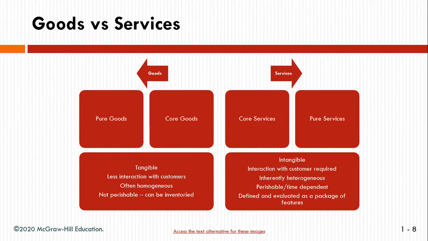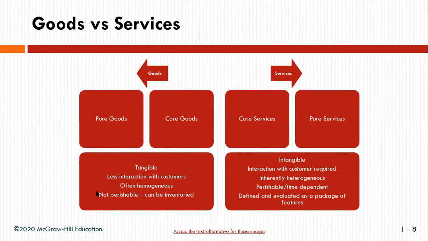So your bread and butter could be very defined: a product, a service, a product supported by a service, or a service supported by a product, and that makes a big difference in operations and supply chain management.